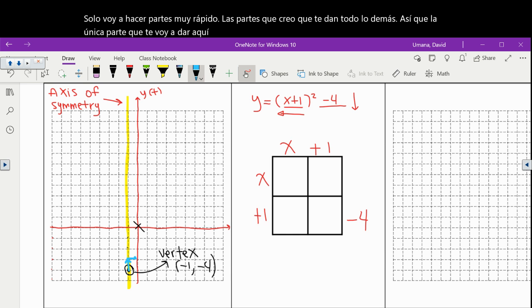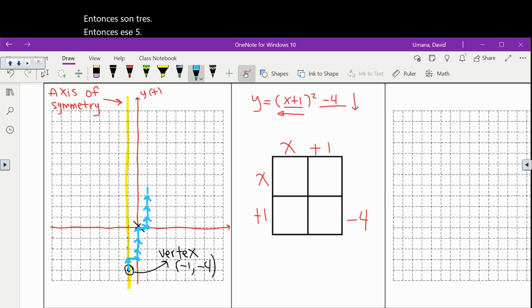So that's 1. Then that's 3. Then that's 5. And that produces all of these points.